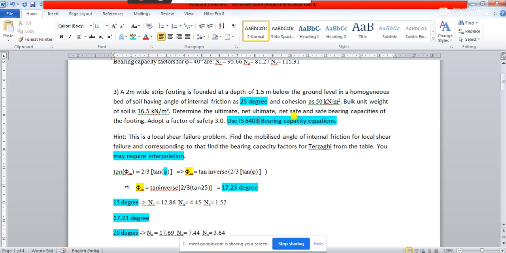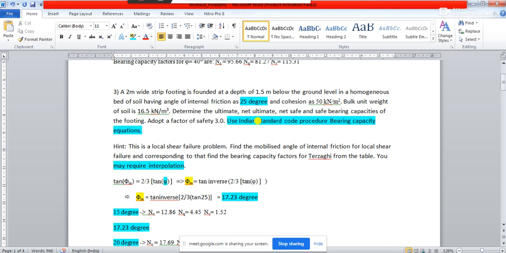Or I write use Indian Standard Code procedure. Then what will you do?